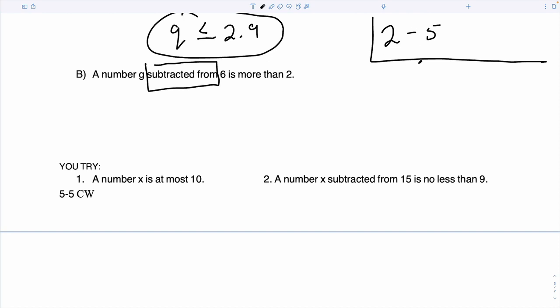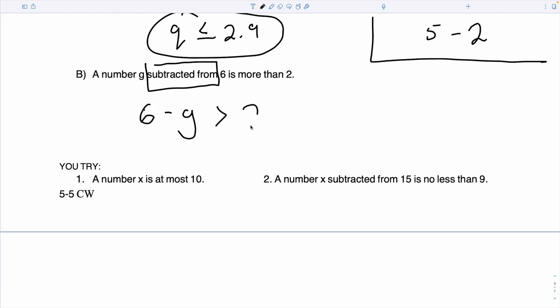What do I have to change? 2 subtracted from 5 is not that setup. What would I do, Mackenzie? You would have to flip them. The language subtracted from likes to be thrown in, but if you're subtracting g from 6, it is not g minus 6. You have to reverse it. 6 minus g. G is being subtracted from the 6.